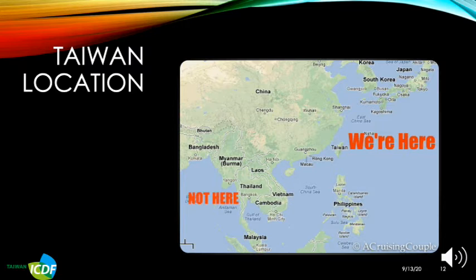So in this slide, we will introduce the location of Taiwan. We are Taiwan, we are not Thailand. But we also mention the new code word, a word about China and the United States. Before the new code word, there was another code word, the Cold War. It's around maybe 20 or 30 years ago, the United States competed with Russia.